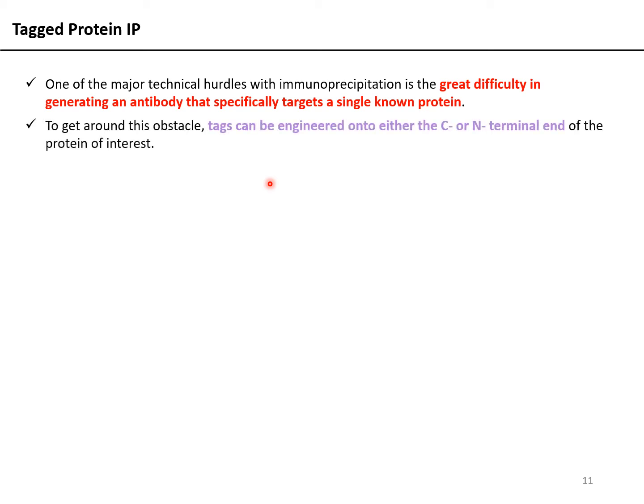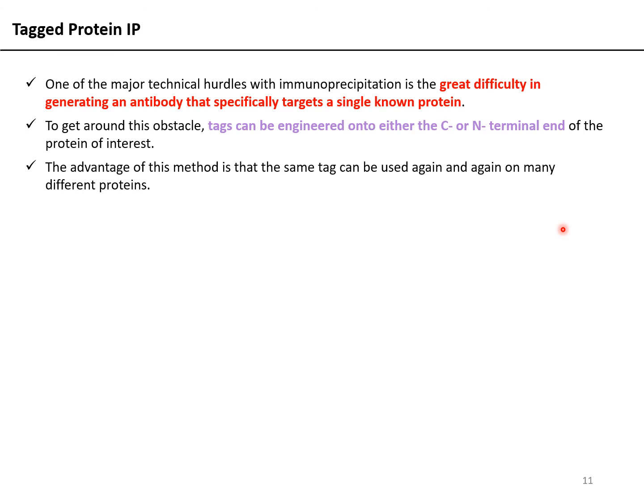So to get around this obstacle, tags can be engineered onto either the C or the N-terminal end of the protein of interest. The advantage of this method is that the same tag can be used again and again on many different proteins. So if you can add a tag to your protein, which you want to isolate out of solution and whose interacting partners you want to identify, and you have antibodies against that tag, this tag now becomes common.